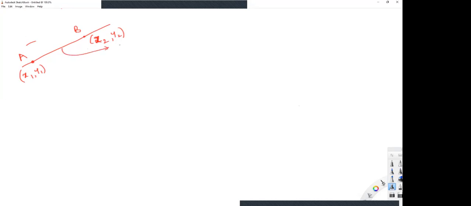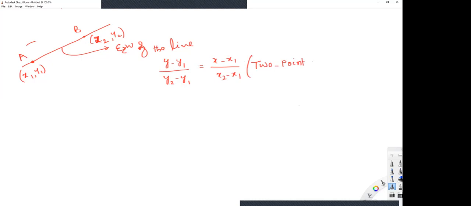So here, to find out equation of the line, we know the formula (y minus y1) upon (y2 minus y1) is equal to (x minus x1) by (x2 minus x1). Or in some textbooks it will be (y minus y1) divided by (x minus x1) is equal to (y2 minus y1) divided by (x2 minus x1), cross multiplication. So this already in geometry we know is known as two-point form.